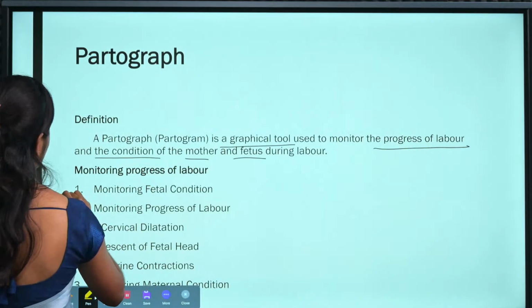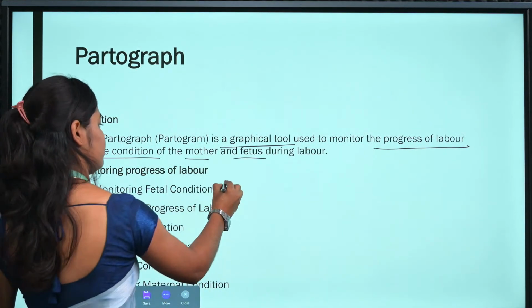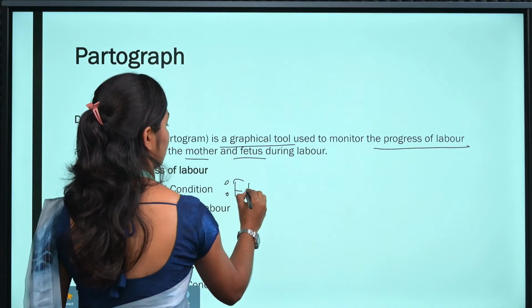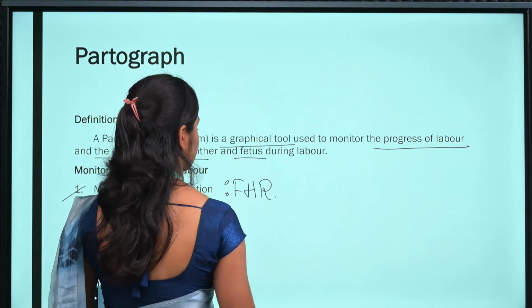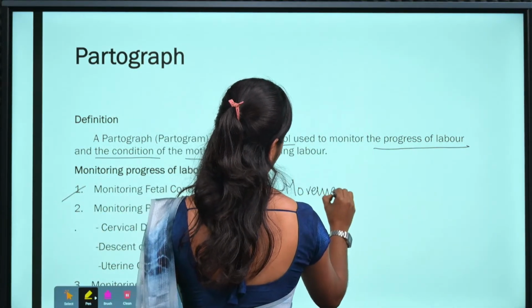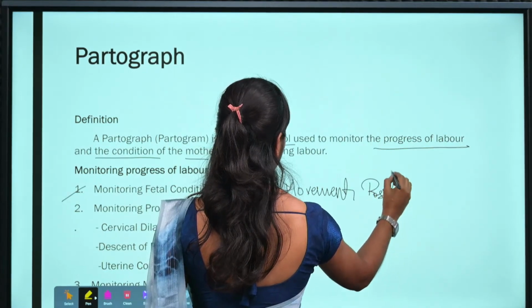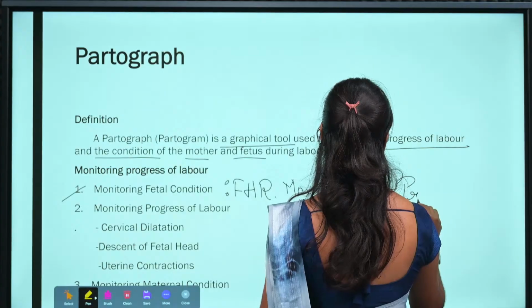Then what are all the things we can assess or monitor by using the partograph in the labor? First, we can assess the fetal condition like fetal heart rate, the movement of the fetus, and the position and presenting part.